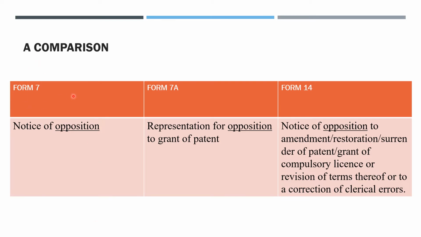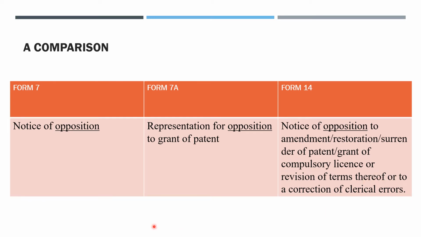Form number 7. The title is Notice of Opposition. Form number 7A. The title is Representation for Opposition to Grant of Patent. And form number 14 says Notice of Opposition to Amendment or Restoration or Surrender of Patent or Grant of Compulsory License or Revision of Terms thereof or to a correction of clerical errors.